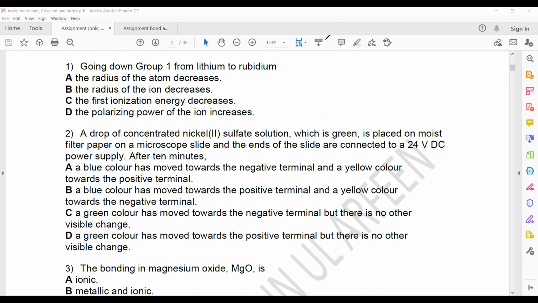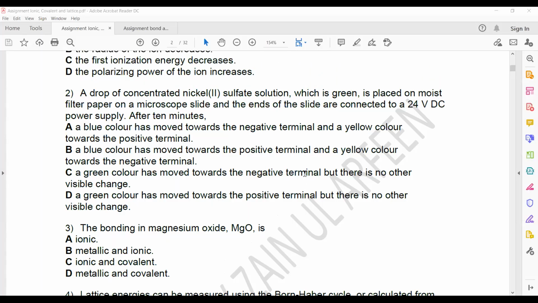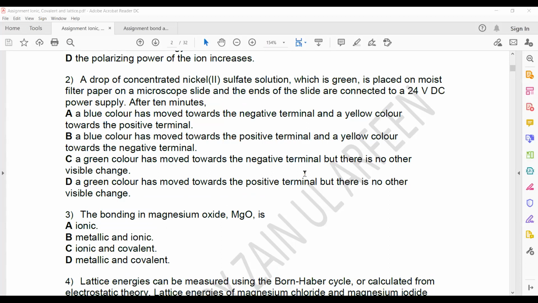Everyone should participate in this so it shows your understanding of the topic. In the next question, a drop of nickel sulfate, which is green in color. So what does this nickel sulfate contain? It contains nickel. Nickel is a transition element, so it will be colored. And sulfate, nitrate, these ions are colorless.